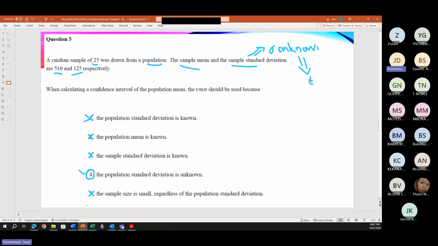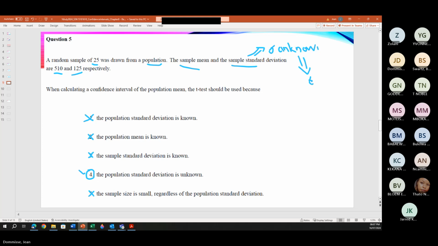We can work with a small sample size if we know what the standard deviation of a population is. Then a small sample size is not the biggest problem. The biggest problem is if we don't know what the population standard deviation is.